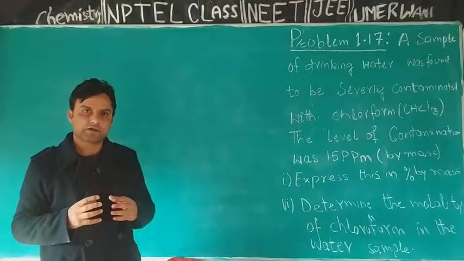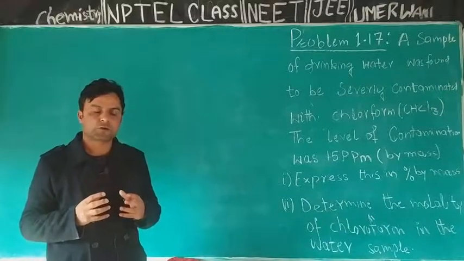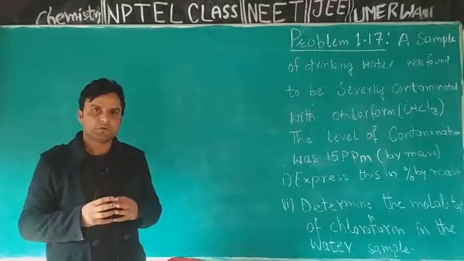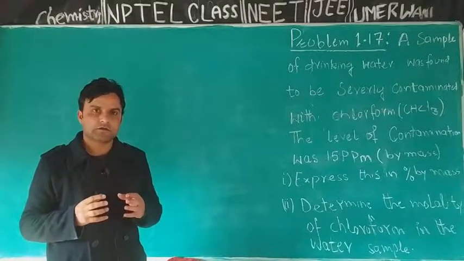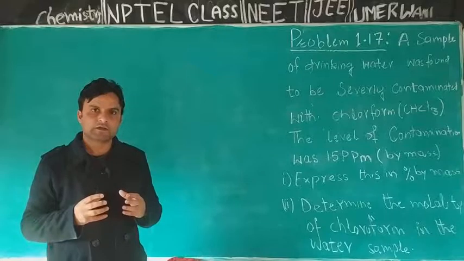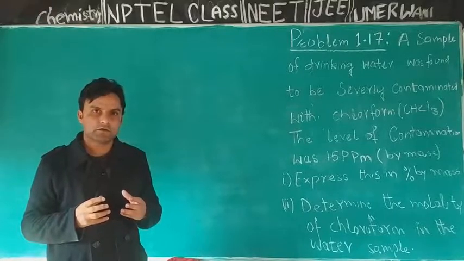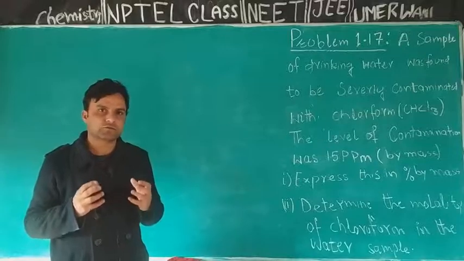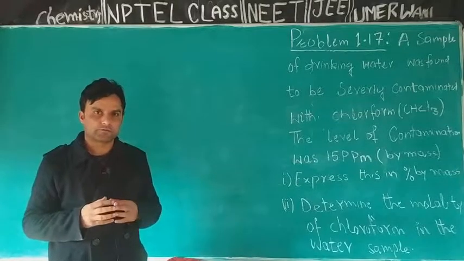Let me make you understand our problem. In the problem, it is mentioned that a sample of drinking water is contaminated with chloroform, and chloroform is supposed to be carcinogenic.